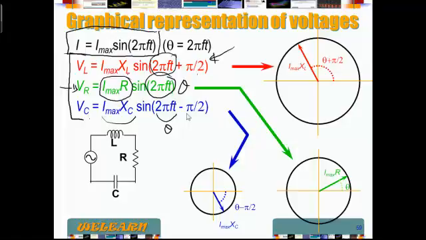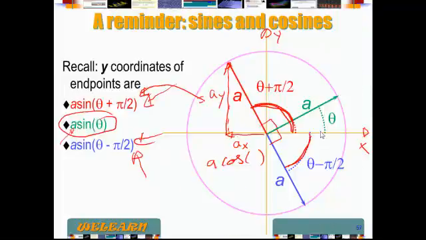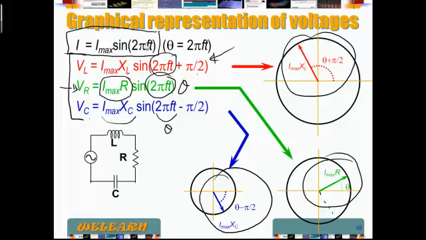Graphically, if this is my VR, this would be my VC, which is 90 degrees behind, so it's going to be here. And this is going to be my VL, which is 90 degrees ahead. Now, the difference between this graph and this graph is the fact that our theta is going to depend on time.